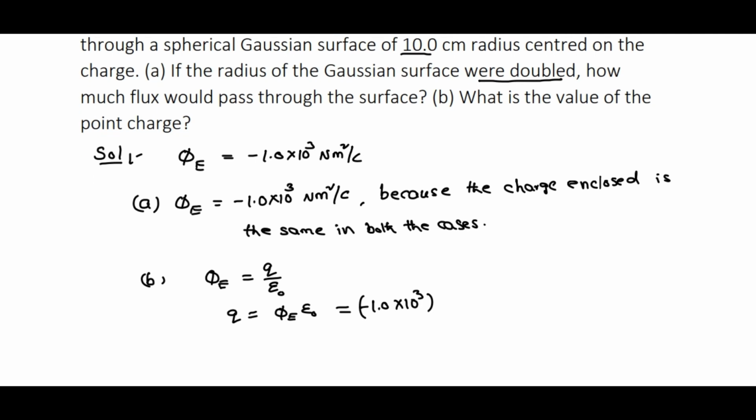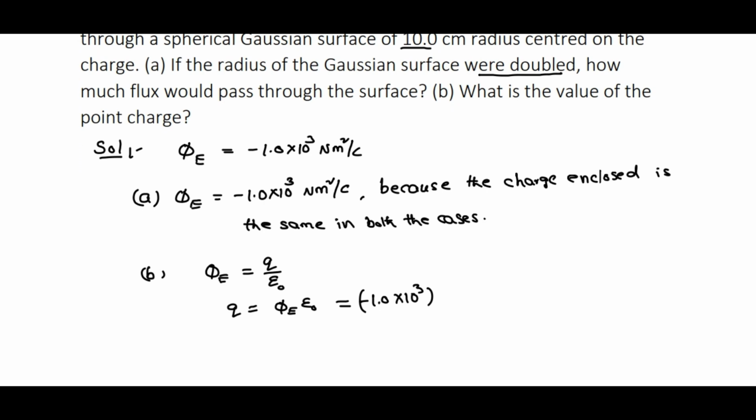For our simple calculation purpose, I am writing it is 1 by 4 pi into 9 into 10 power 9. How we got this? Actually we know 1 by 4 pi epsilon naught is equal to 9 into 10 power 9. From that epsilon naught is equal to 1 by 4 pi into 9 into 10 power 9. Like that we are getting it.